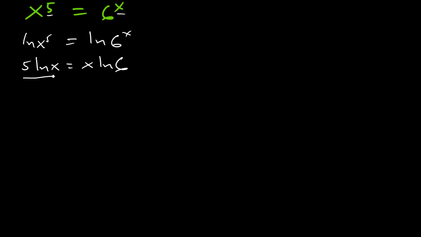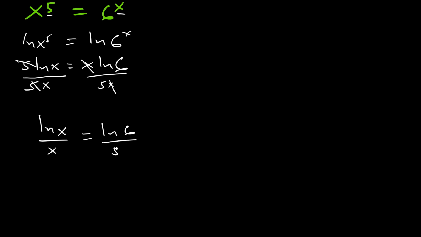So let's divide both sides by x and 5. This one will cancel, and this one too will cancel. So I have ln of x over x equals ln of 6 over 5.